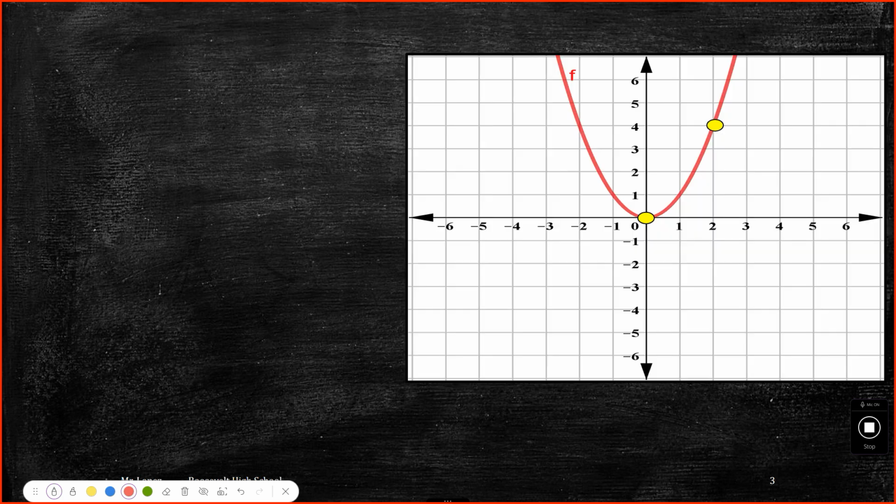Okay, so we got this. Go ahead and copy this down. So I hope you notice and you know that this right here is not a line. So this is a quadratic equation.